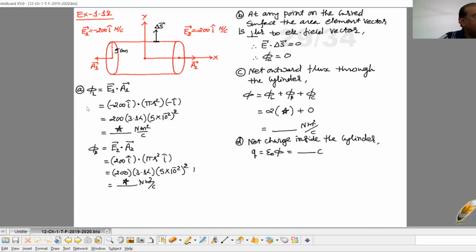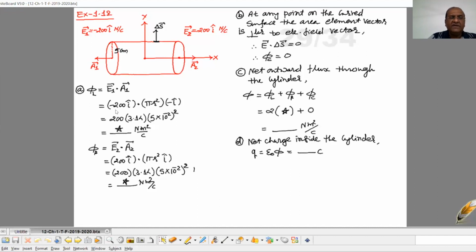Flux, net outward flux through each flat face. Now see, if we think about the left flat face, then flux passing through it is E1 dot A1. Now the area vector is also in negative direction.